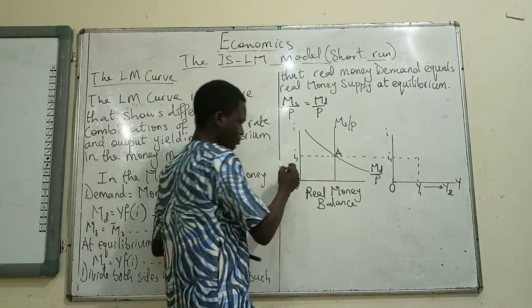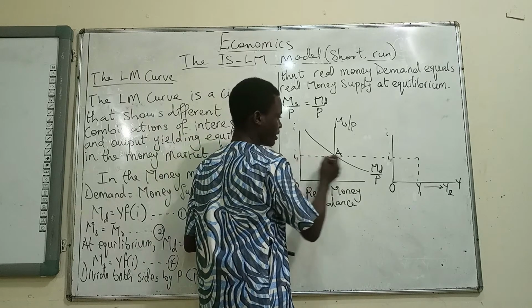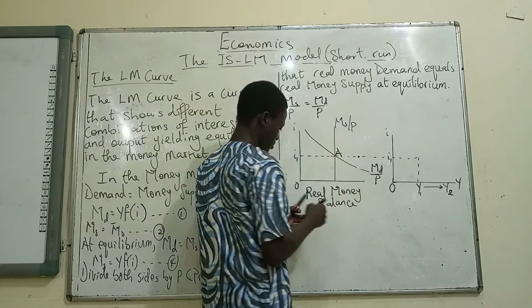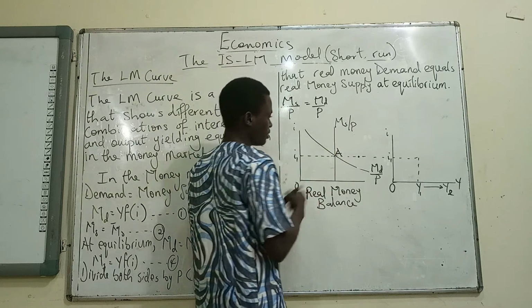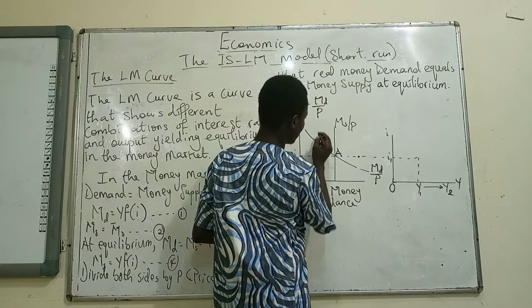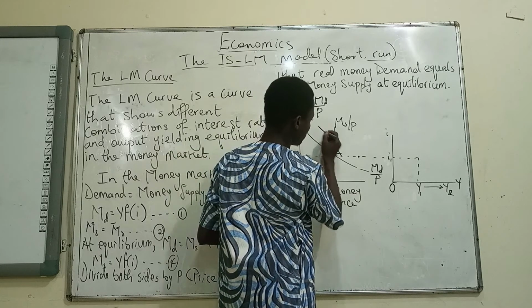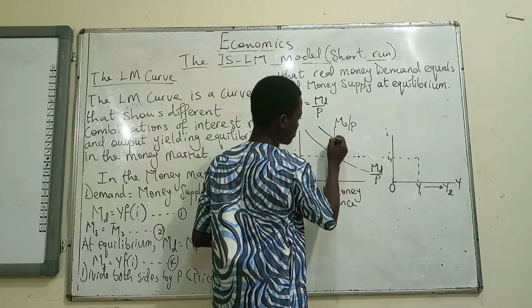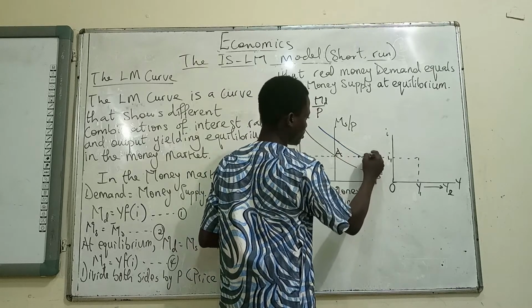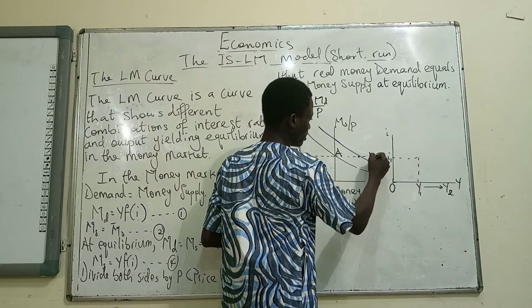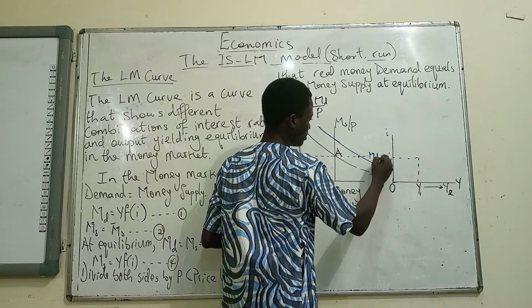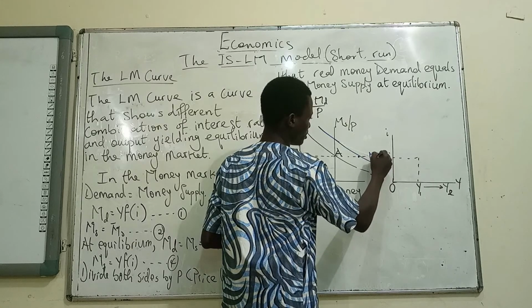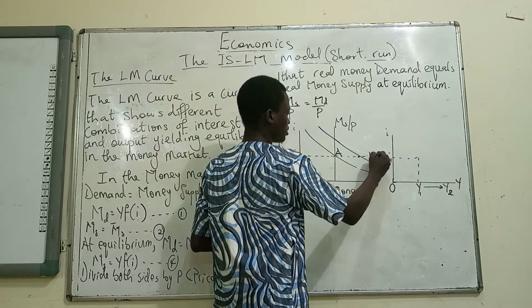It's still the same interest rate, so we might have something around here now. Let me use the other marker. So we have something like this now. I'll call this MD over P, let me call this 1 and this 2.